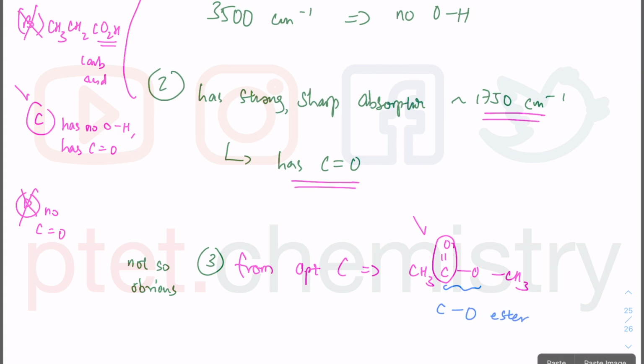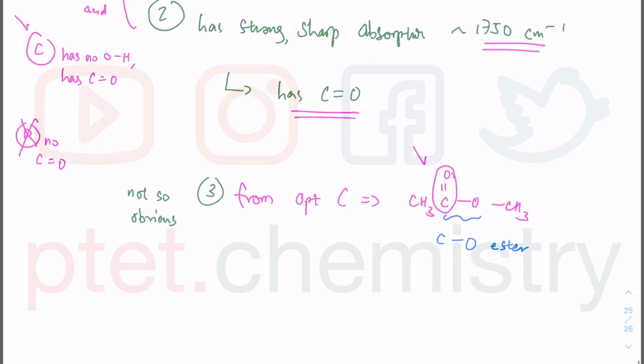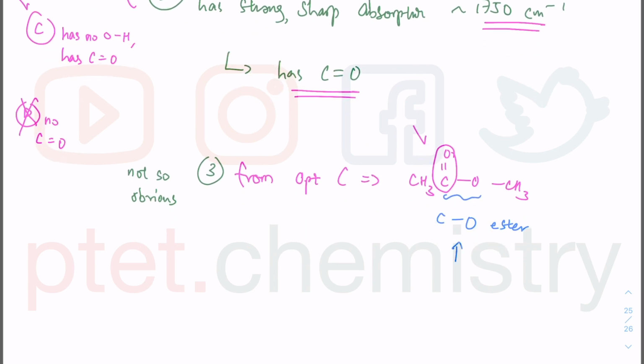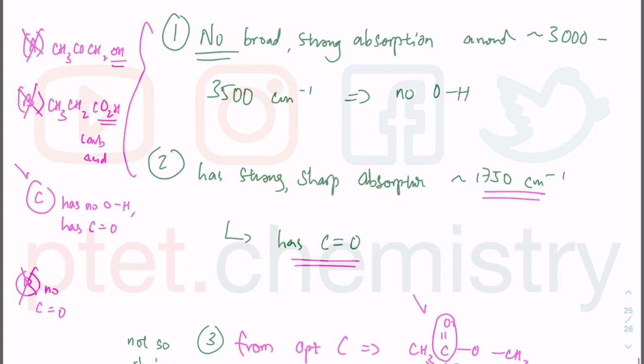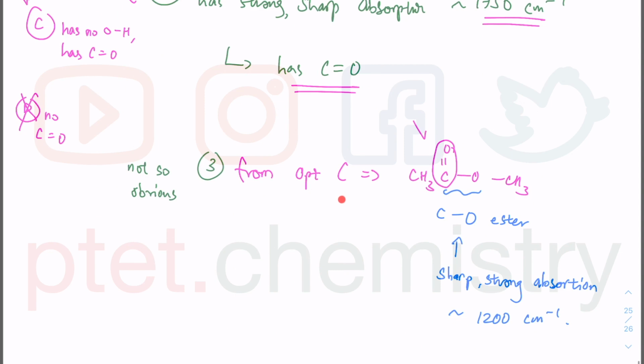If you look at the data booklet as well as the infrared spectrum itself, you will see that this is a reasonably sharp, strong absorption for the CO stretch of an ester at around 1200 wave number. Although these are the two most obvious ones, once we identify the ester from option C, we can also see this, which of course makes sense based on the structure given. All right, so that's the end of that section A, 30 questions on that MCQ.